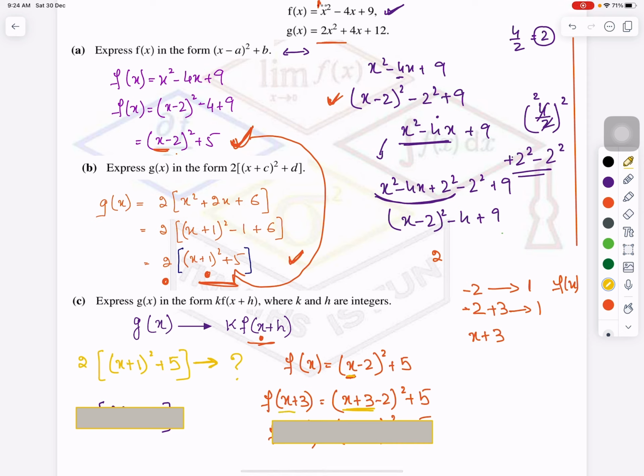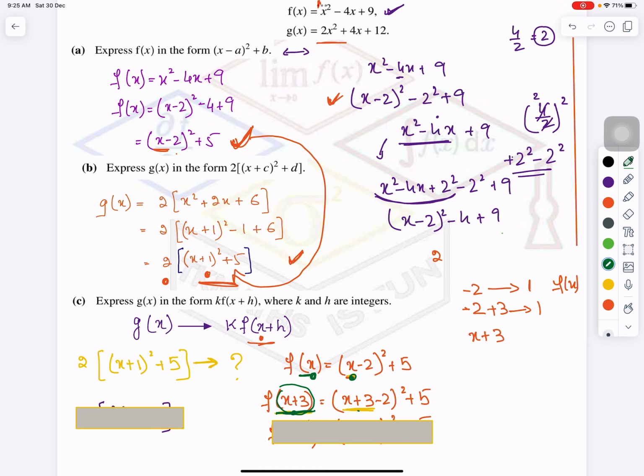But please remember this thing, extremely important. Why? Because this is your domain. It means what you're writing in place of x. You know the basic function concept, right? From year 11. So f of x and f of x plus 3, what is the difference? Wherever you have x in the function, you will replace it by x plus 3.